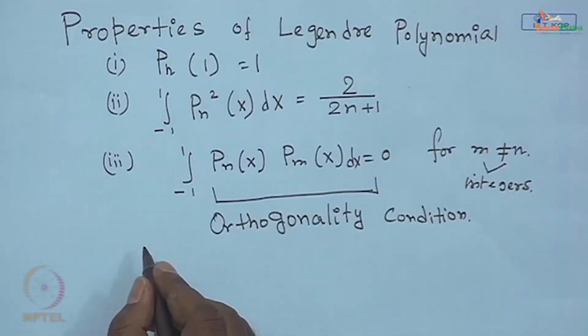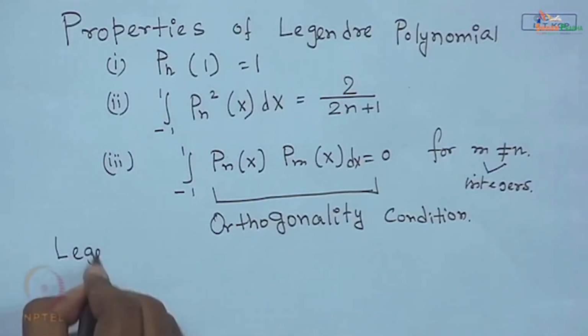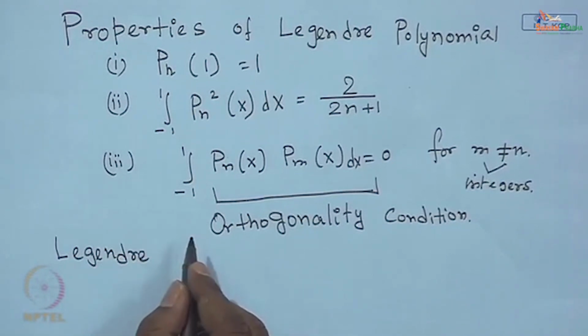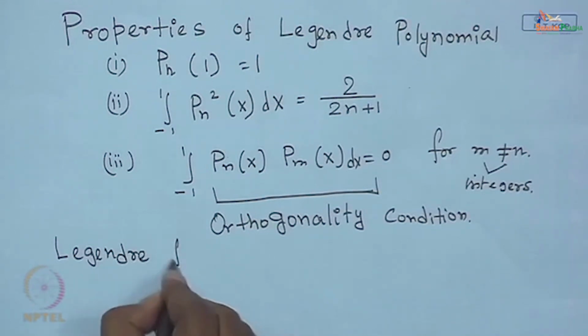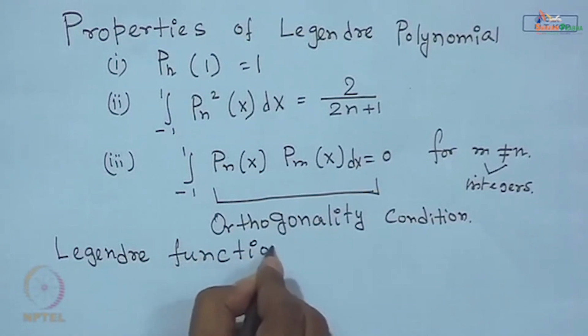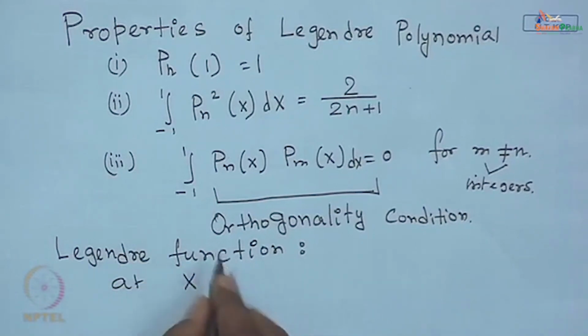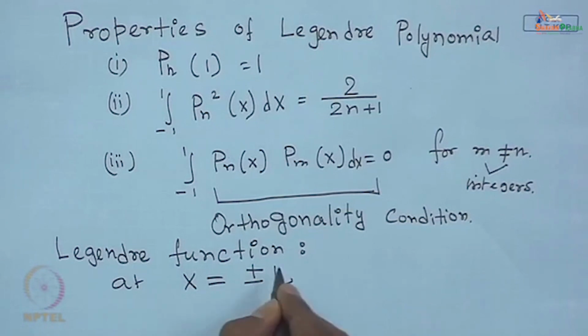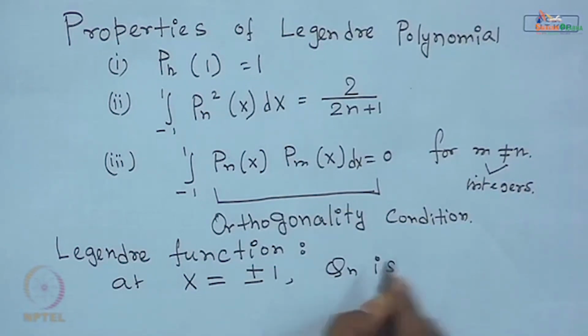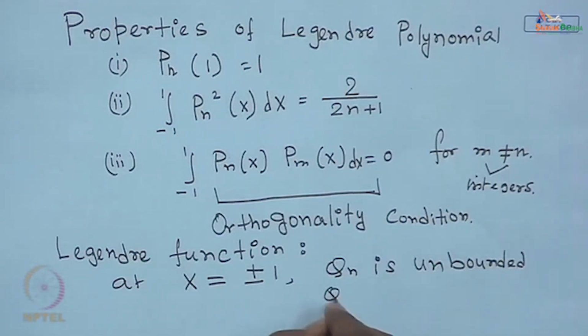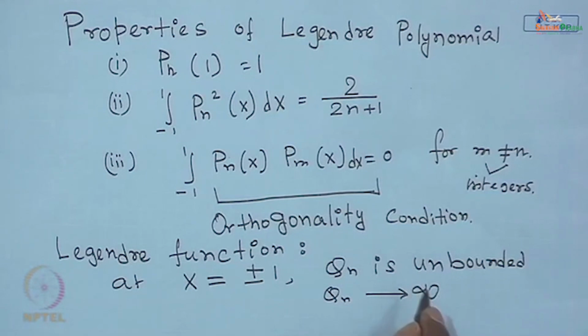Now, let us look into some of the properties of the Legendre function. So, these are the most important properties which we will be utilizing quite often whenever we talk about a Legendre equation as our governing equation. For the Legendre function, the property is that at x equal to plus minus 1, Q n is unbounded. That means Q n tends to infinity, or it will be infinite in nature.